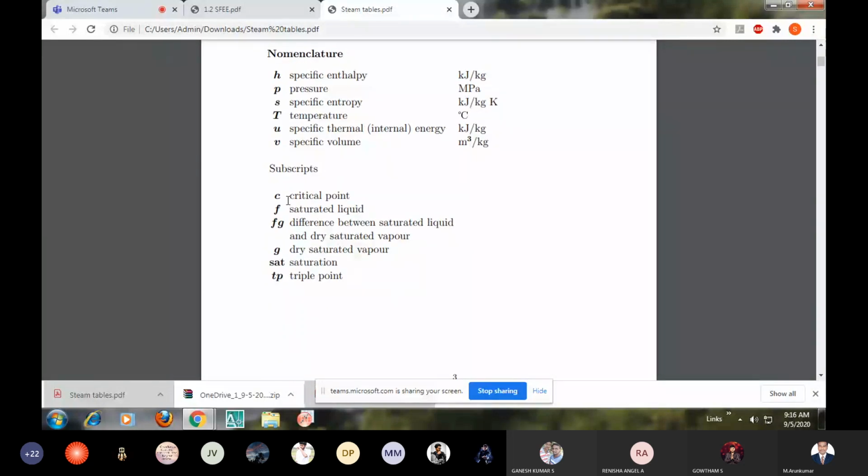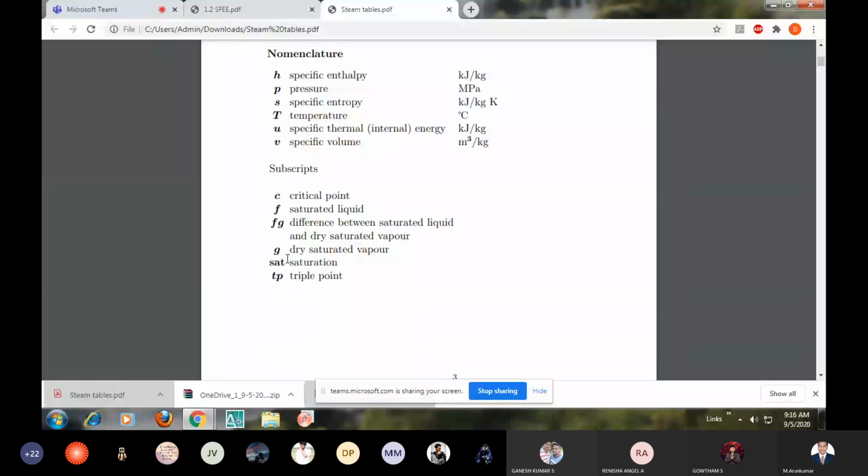Also, if the subscript is the letter c, that is critical. If the subscript is small f, that is saturated liquid, and g is dry saturated vapor, and fg is the difference between saturated liquid and dry saturated vapor.